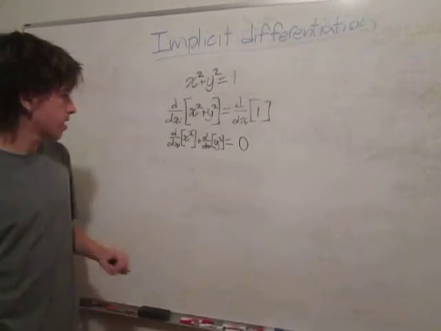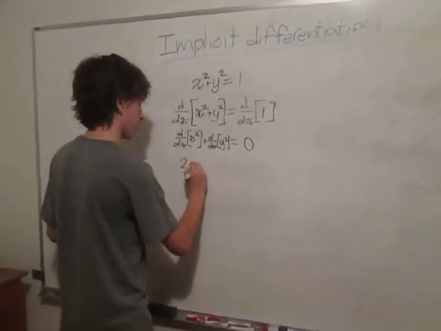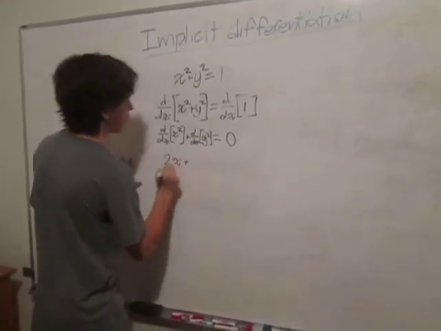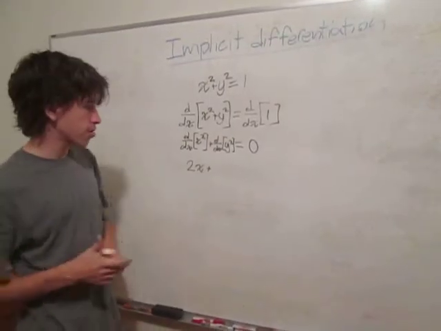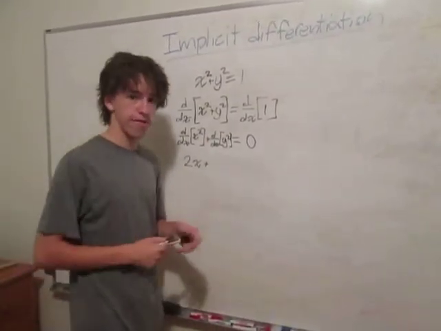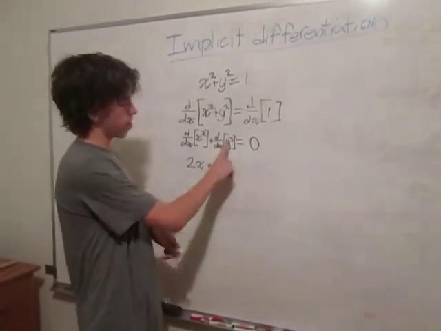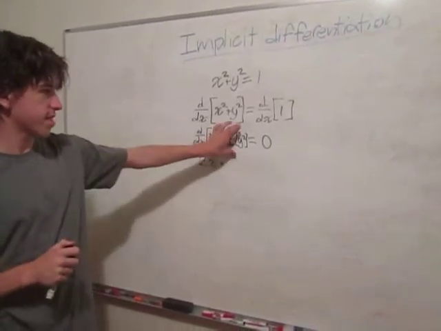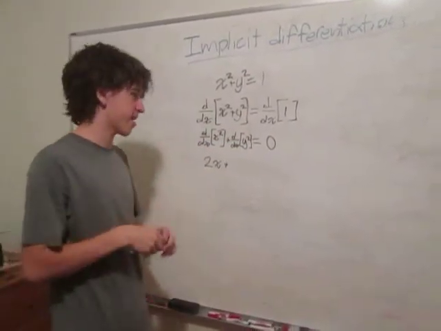Right? And let's start simplifying. So we already know this one, and we can find it right out of the power rule. 2x plus, how do we find the derivative of y squared with respect to x? Well, we can treat y as a function and the squared as a function and use the chain rule to separate these. So first we pretend y is x and take the derivative of this whole thing with respect to y, which we're pretending is x.